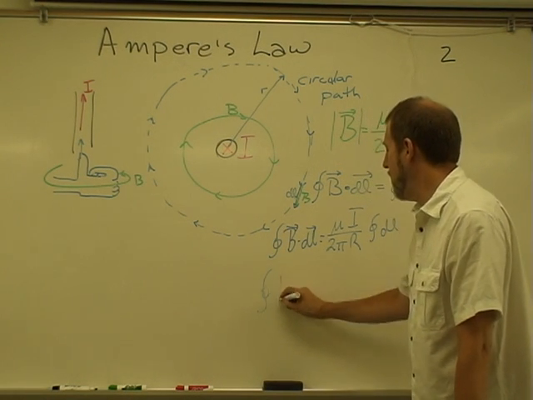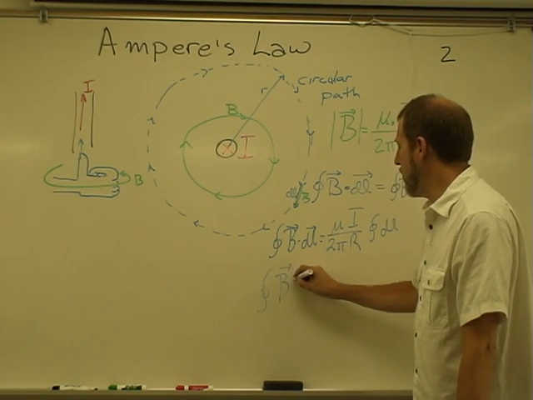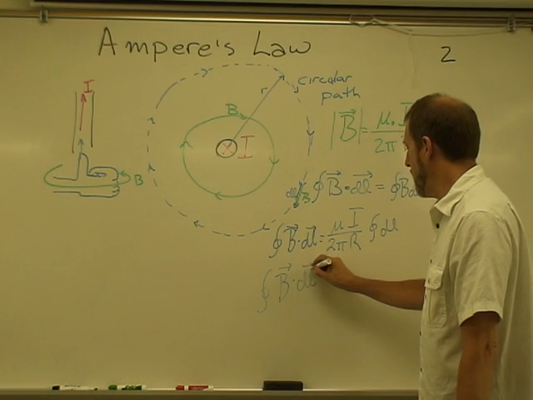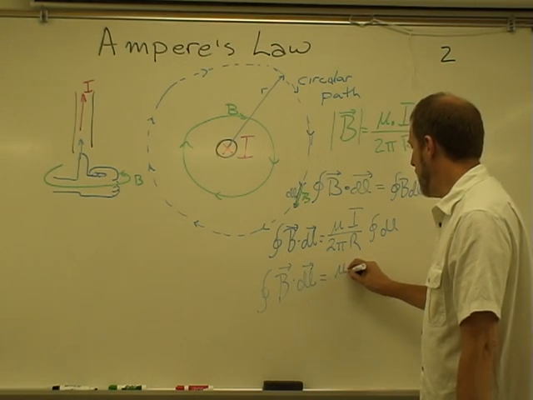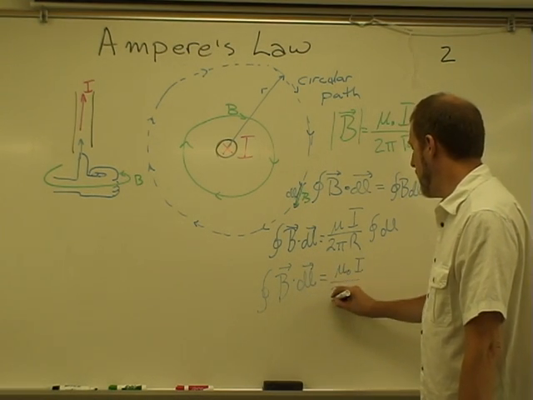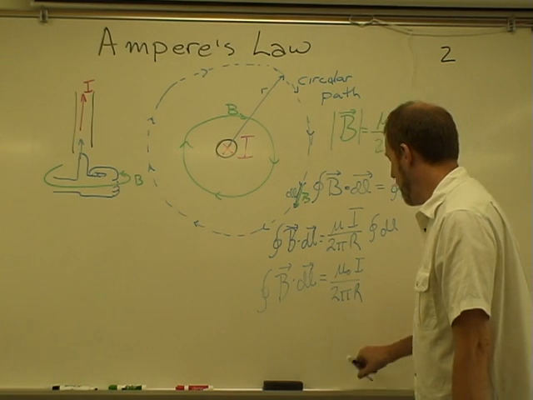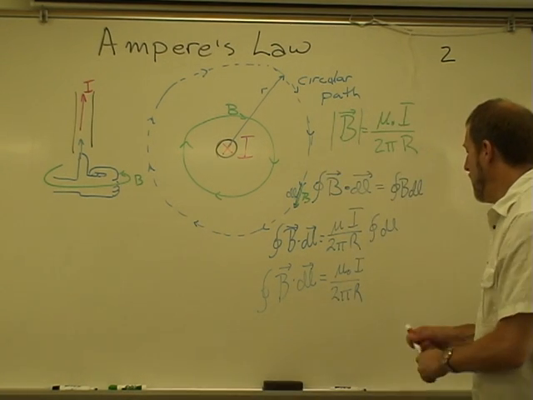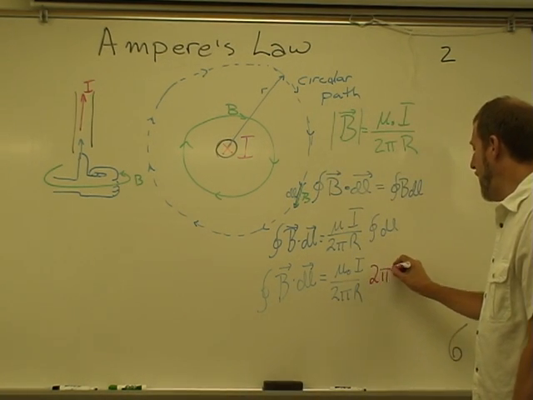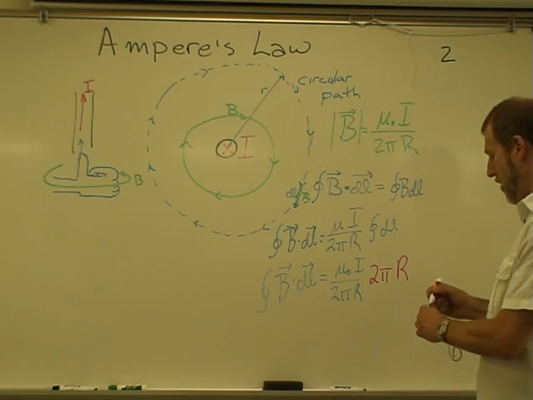Well, the integral of dl around a circular loop is equal to the length of the path, 2 pi r.